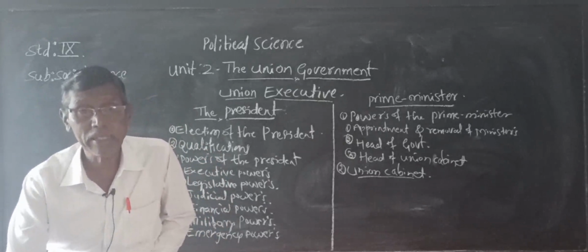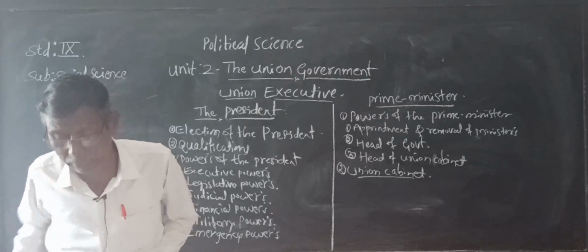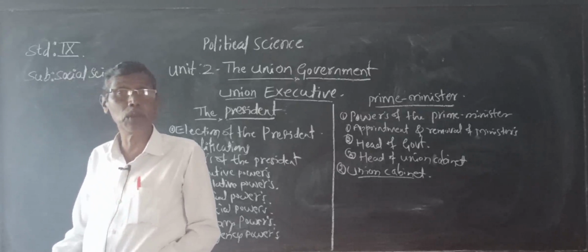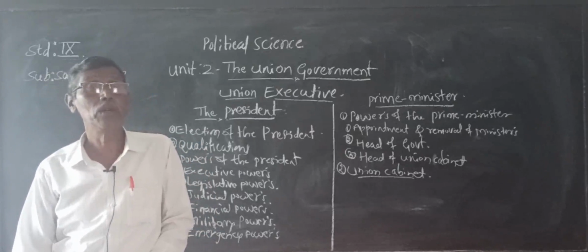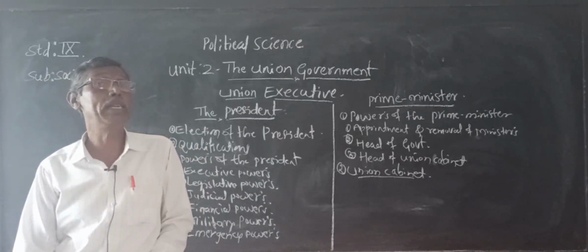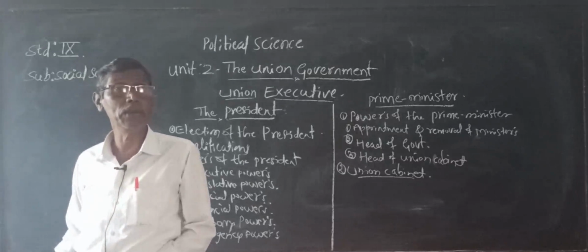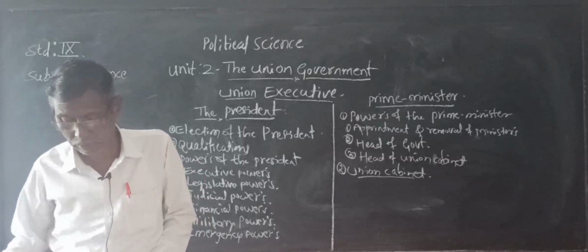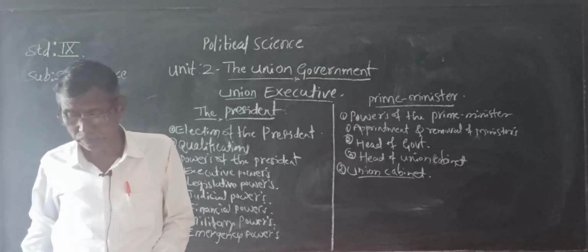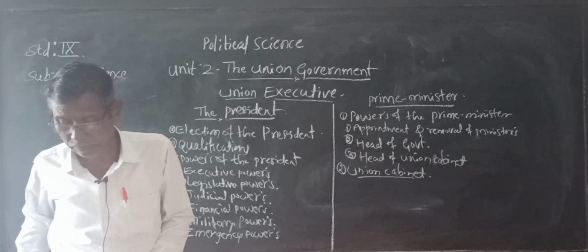A bill passed by both houses of the Parliament can become law only with the approval, only with the consent of the President. Without his approval, without his consent, no bill can become law.